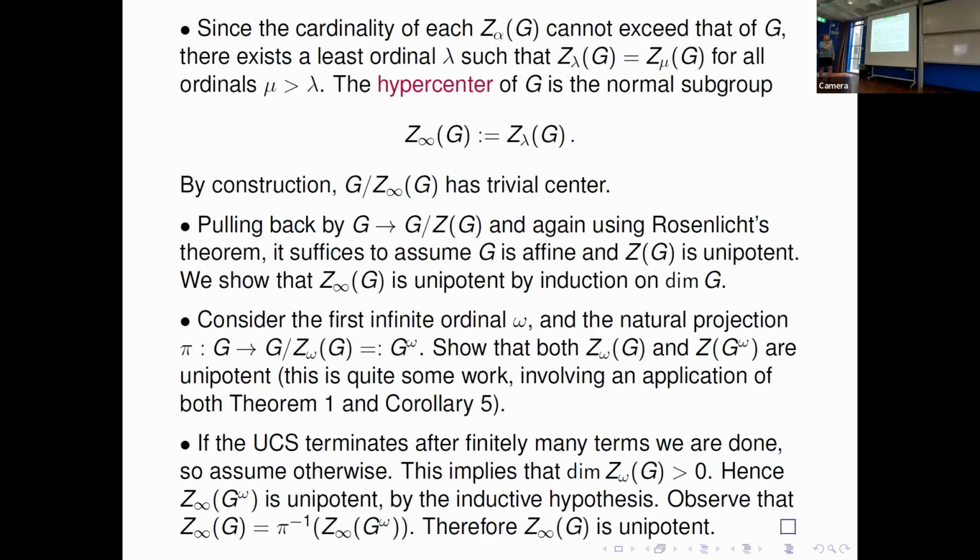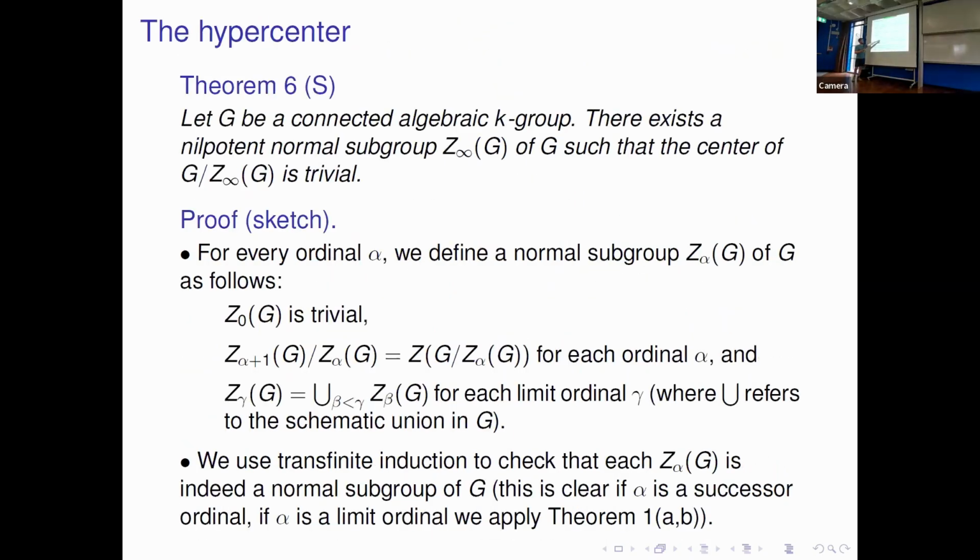Yeah, so there exists a least ordinal such that this thing terminates. And we define the hypercenter to be this terminating term. By construction, the quotient of G by Z infinity has trivial center, since Z infinity equals Z infinity plus 1, therefore the center of the quotient is trivial.